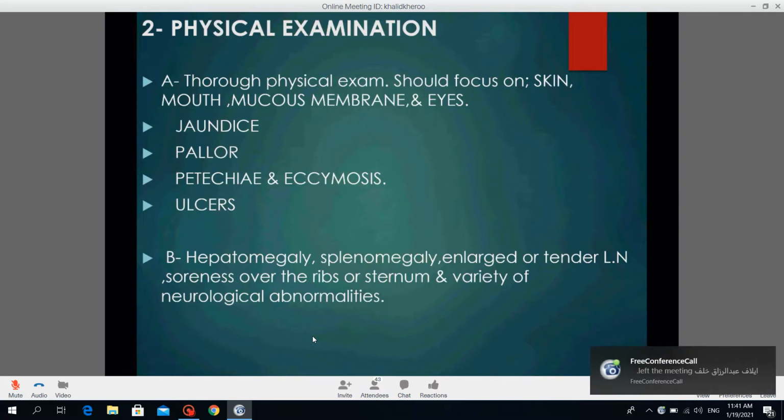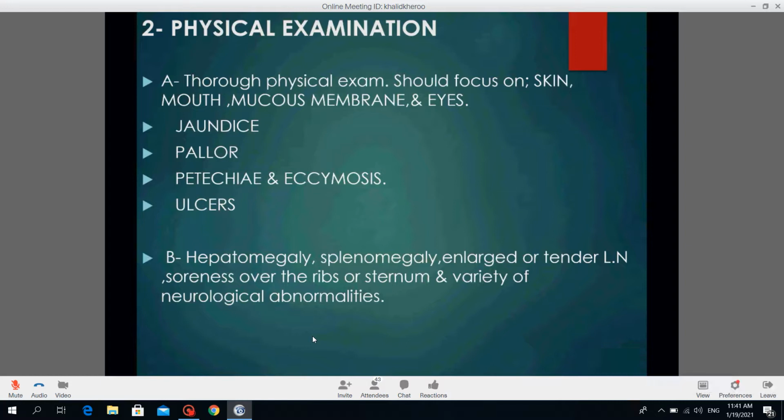That is why the skin and the mucous membrane, which are considered less vital than the brain and the heart, look pale in a patient with anemia. This is one reason. The other important and logical one is that hemoglobin is red, so when there is a reduction of this red, these sites look pale.